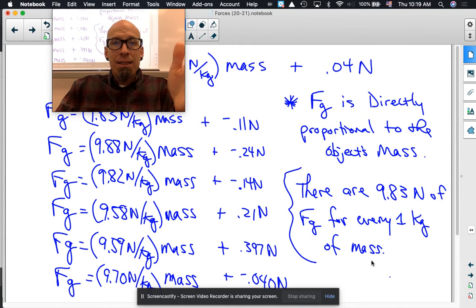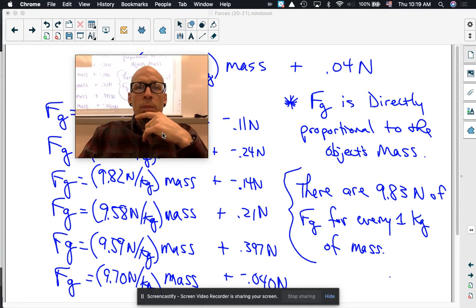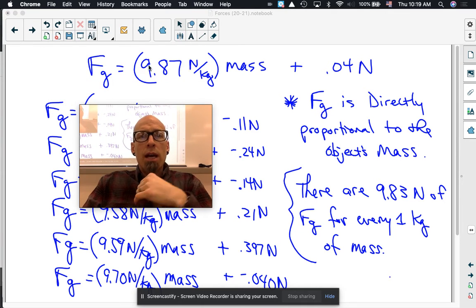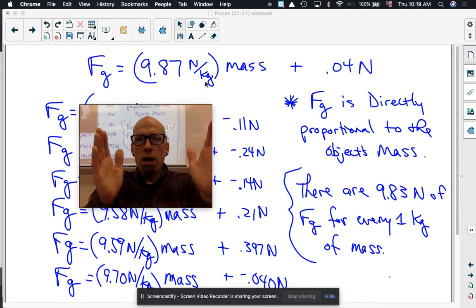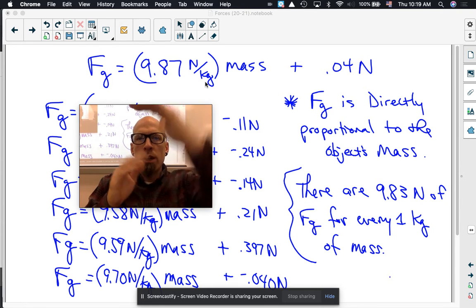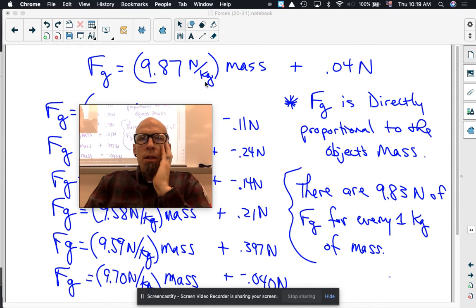Okay. So when we look at the next slide with all of our equations on it, and again, this isn't your class necessarily, this is just a slide here. I wrote mine down. I did this and I had a slope of almost 10, 9.87. And again, it's newtons per kilogram because that's the unit of measure of the rise over the run, the newtons for every kilogram.